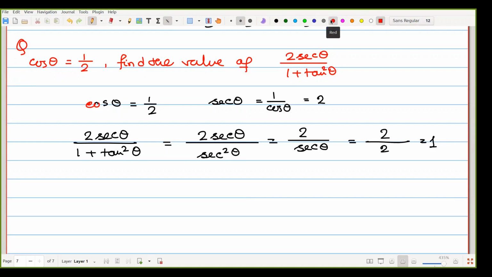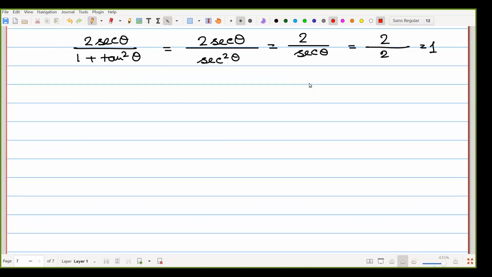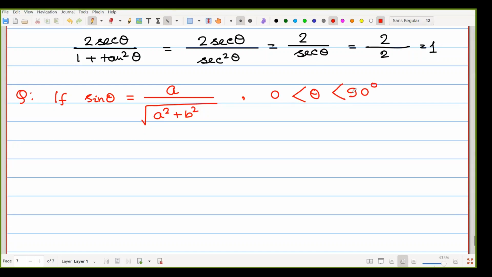Another problem. Now that is quite something different. Given that sin theta is equal to a by square root of a square plus b square, where theta has been given between 0 and 90 degrees, that means acute, find the value of tan theta.